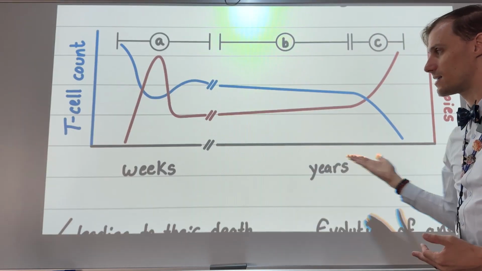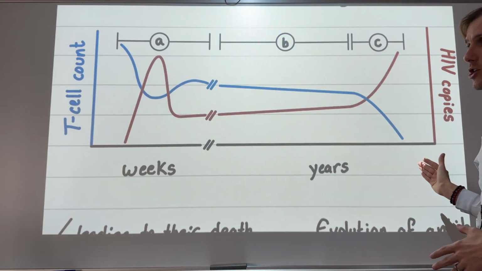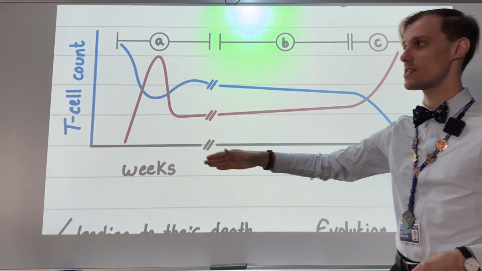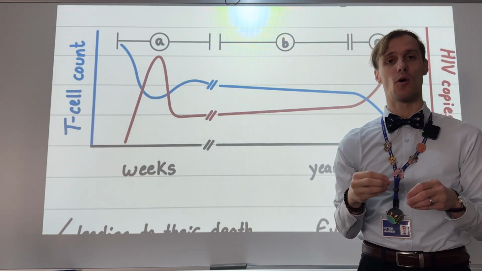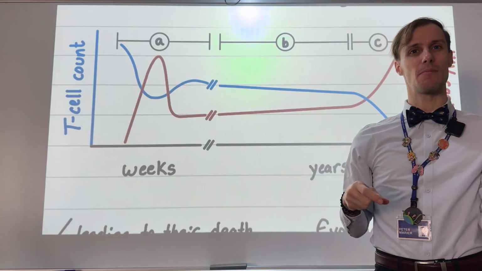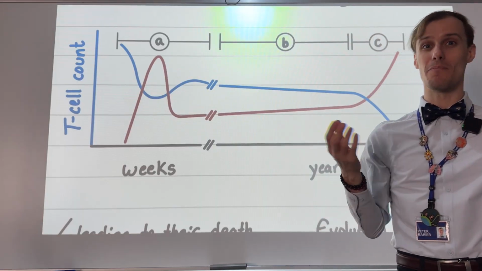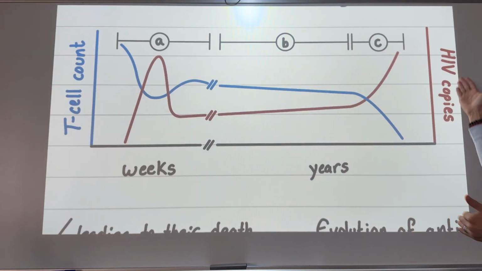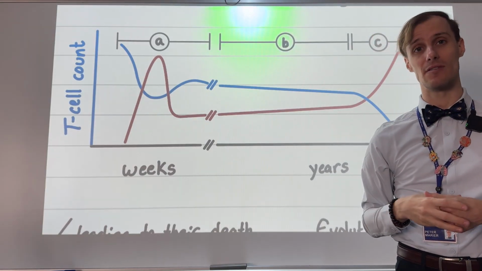On the x-axis is the time from infection all the way through its progression, and on the y-axis, in blue, is the helper T lymphocyte count, or how many cells per volume. Usually this is expressed in number of cells per millimeter cubed, or per milliliter. And in red is how many copies of the HIV virus are actually present in the individual.